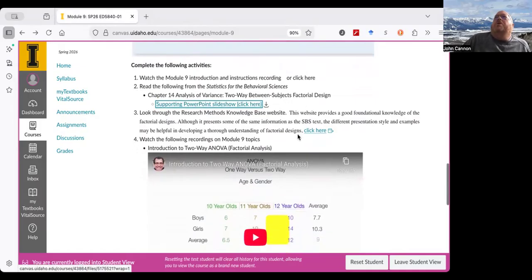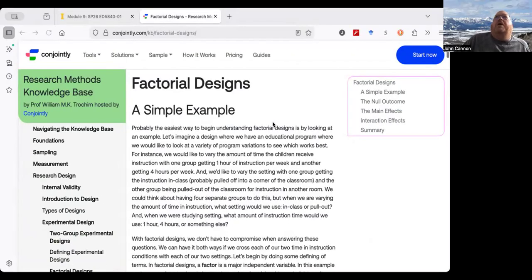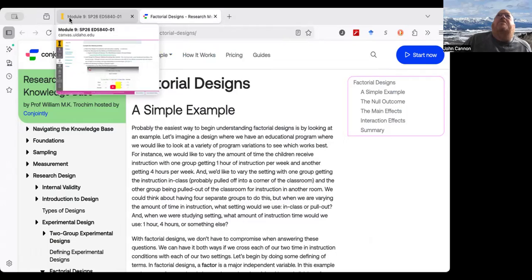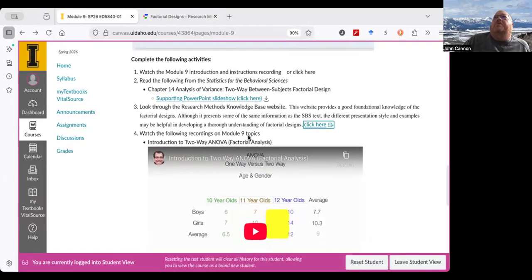And then also, and this is something that Dr. Kitchell has provided to me, but this is a website on the Research Methods Knowledge Base. So you click on here, and this takes you to factorial designs. So let's get back to our other, there we go.